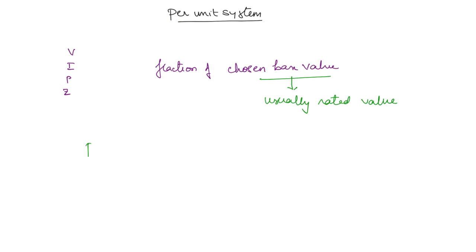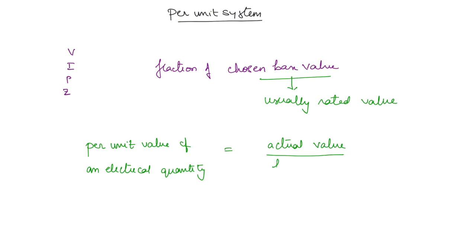So you can write the per unit value of an electrical quantity. This is equal to the actual value of the quantity expressed as a fraction of the base value. Okay, as simple as that.